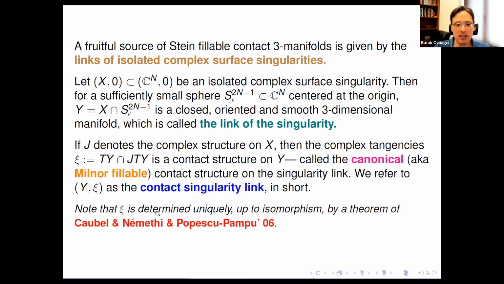Note that ξ is determined uniquely, independent of the analytic structure. It's just topological. It's determined uniquely up to isomorphism by a theorem of Caubel, Némethi, and Popescu-Pampu. So therefore, one can speak about the fillings of this contact manifold independent of the analytic ways of filling the same topological three-manifold.